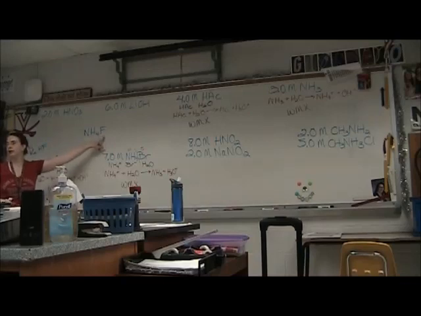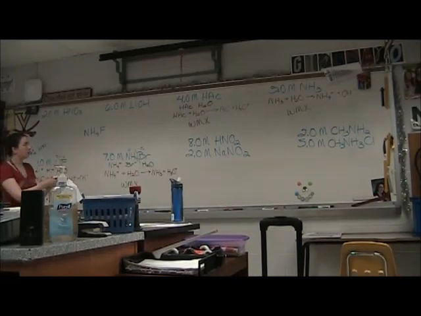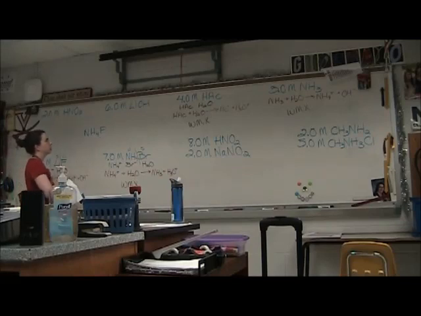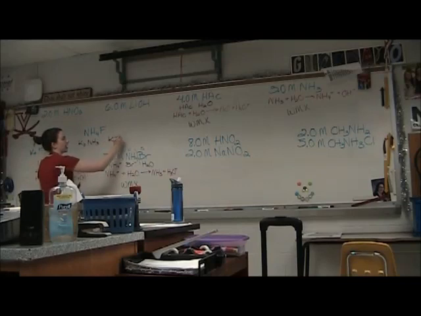Ammonium fluoride. Ammonia is the base, that's a weak base. HF would be the acid, weak acid. That's a weak combo. Okay? So what I would need to compare, guys, would be the Kb for ammonia, NH3, and the Ka of HF. Okay?